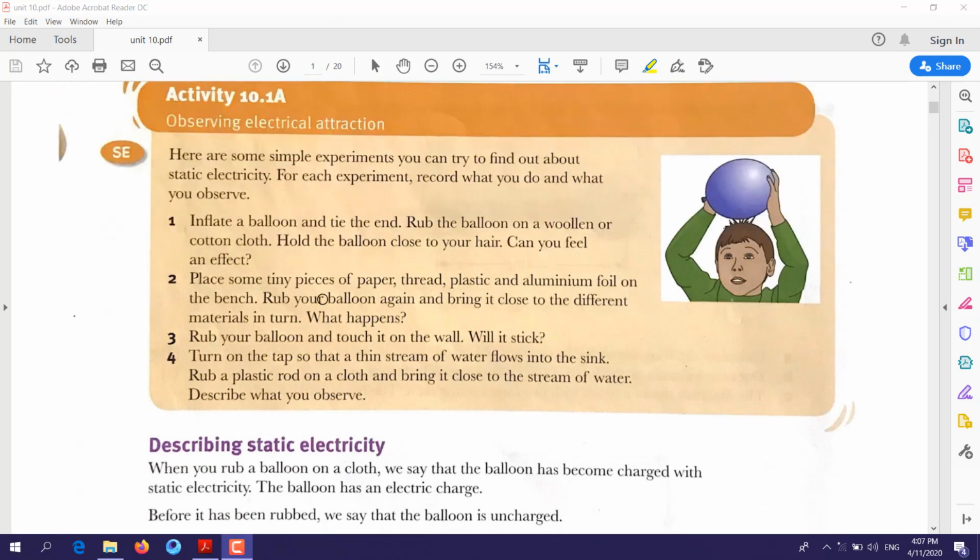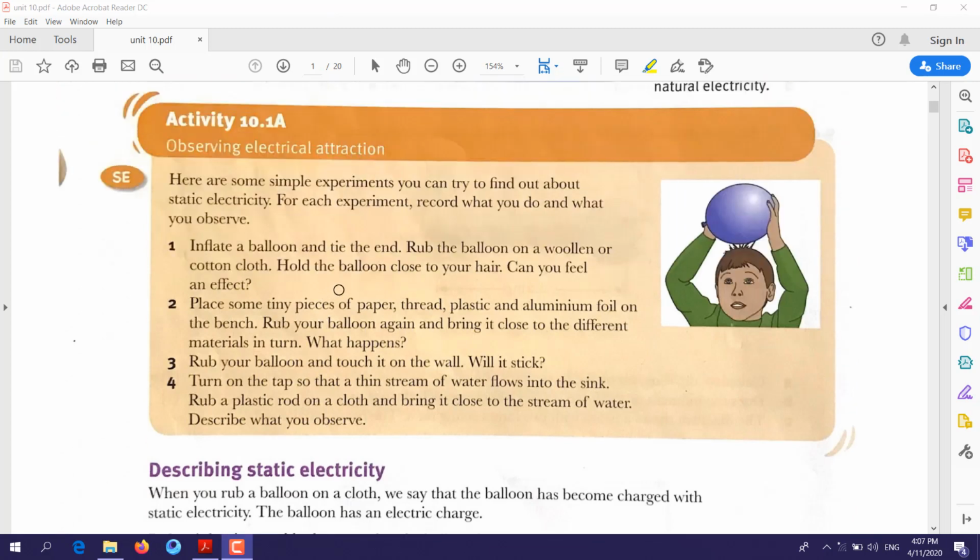If we want to give some examples of static electricity, look at this picture. As you can see, this boy is using the balloon, and if you focus on what is happening, the hair is sticking to the balloon, or it's getting attracted by the balloon.